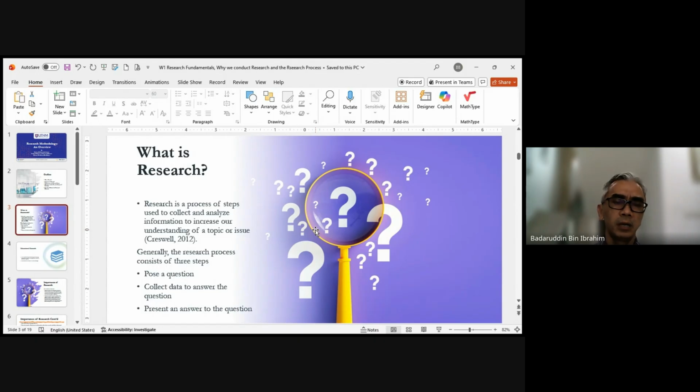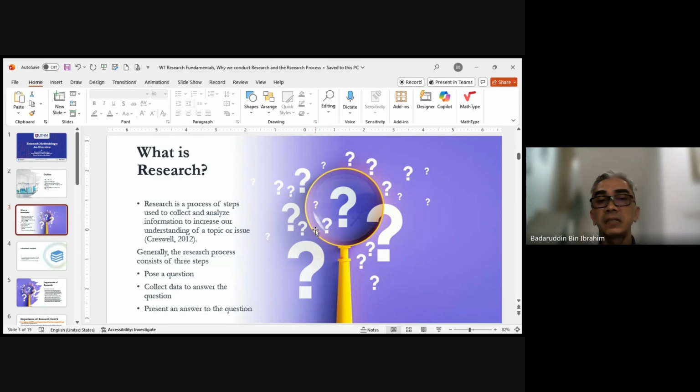So what I can conclude from this slide is that research is one of the things that we use to solve problems or look for answers. And also research is for sharing, meaning that the final point of the three major processes in research is that you need to disseminate or present.